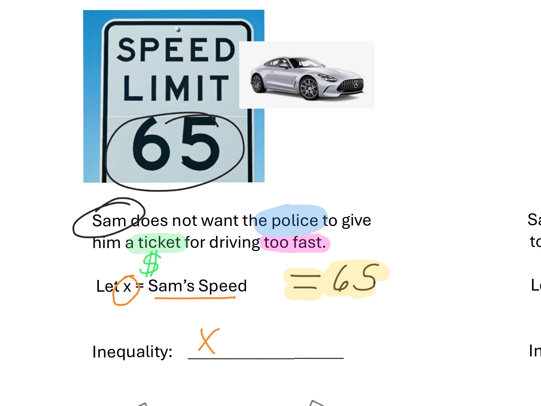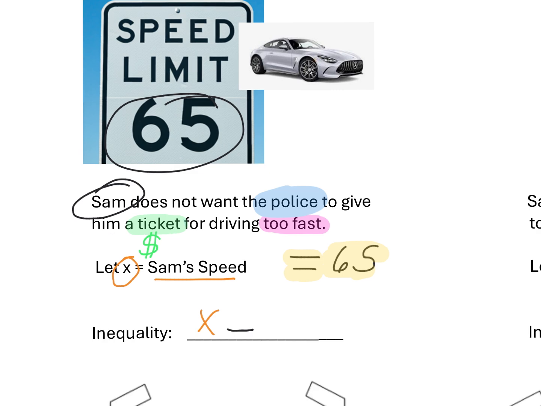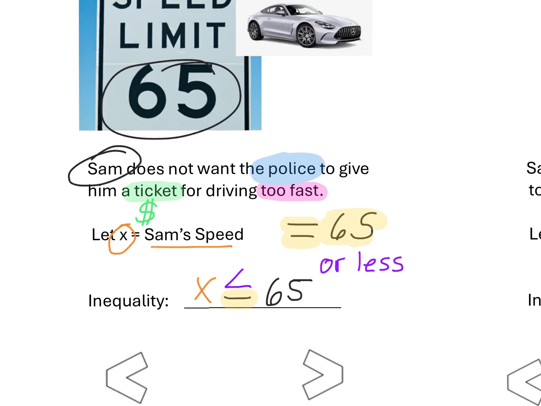So the way we represent that in an inequality is we put a part of an equal sign underneath the inequality, and then he has to drive either exactly 65 miles per hour or less than 65 miles per hour. So the inequality to represent this situation would be X is less than or equal to 65.